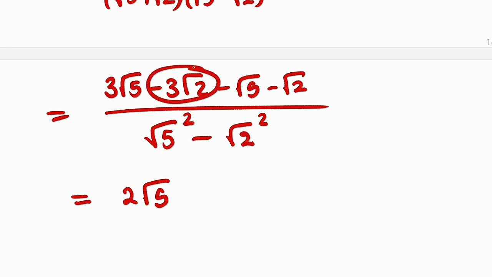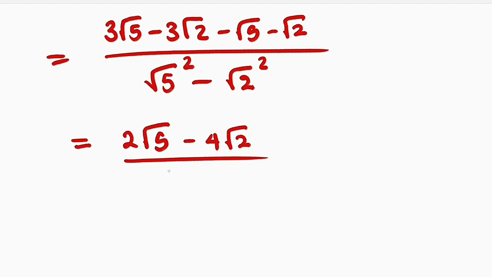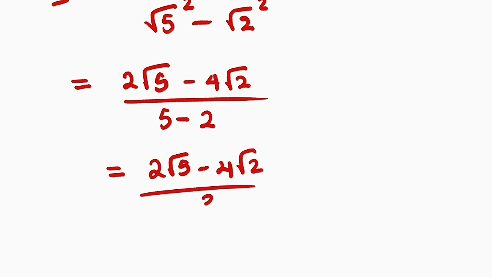And this minus 3 minus 1 is minus 4, right? So we have minus 4 square root of 2 divided by square root of 5 squared is 5 minus square root of 2 squared is 2. This is equal to 2 root 5 minus 4 root 2 divided by 3.